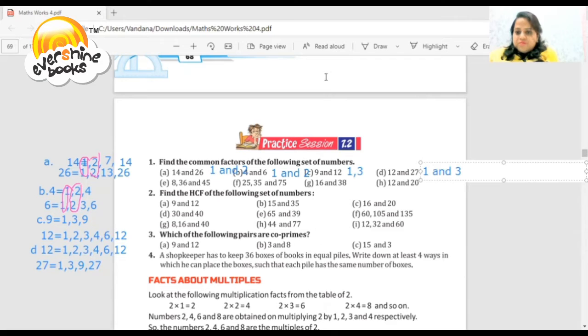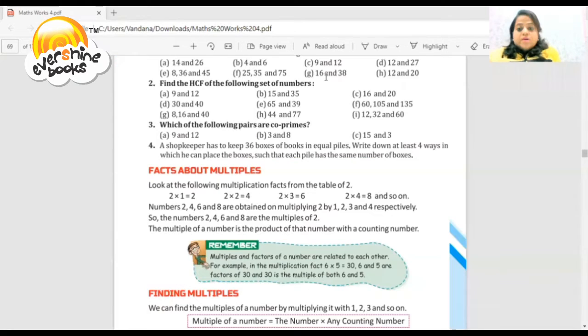Okay, very good. Now students, it's your question number 2. Find the HCF of the following set of numbers. Okay, so you have to find the factors first, the factors of number 9. So write here number 9 equal to 1, 3, and the number 9 itself is a factor of number 9.